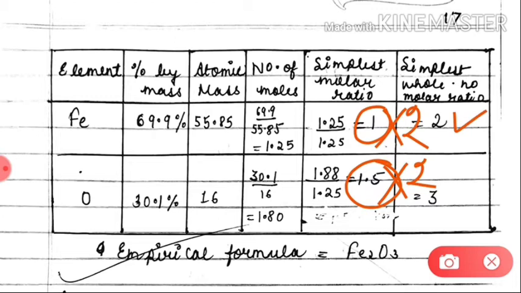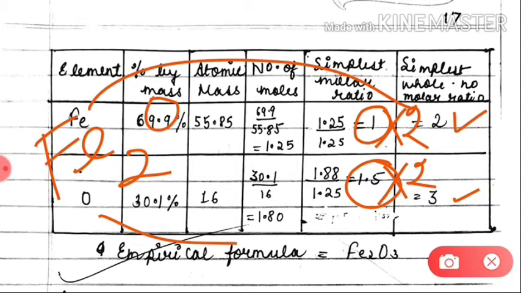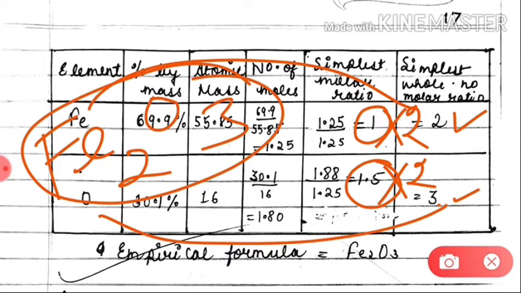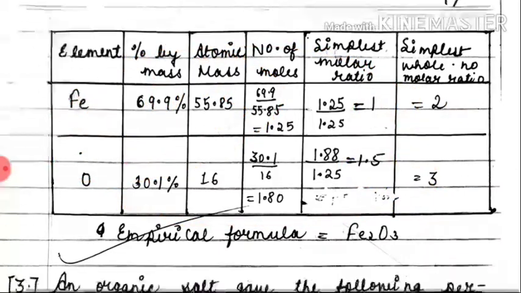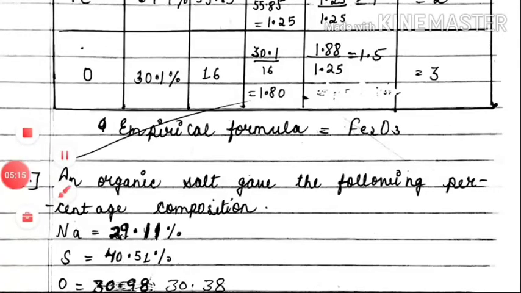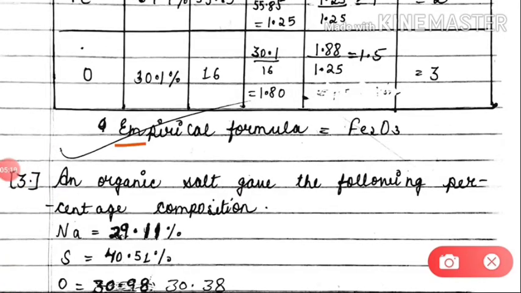This comes 2 and this comes 3, and we write the empirical formula of the compound as Fe2O3. This is called the empirical formula of the compound, and that comes Fe2O3.